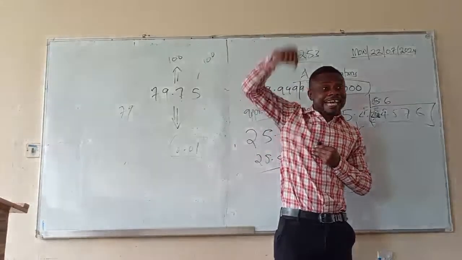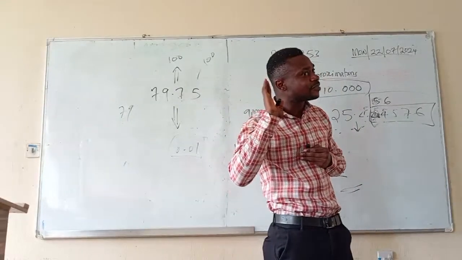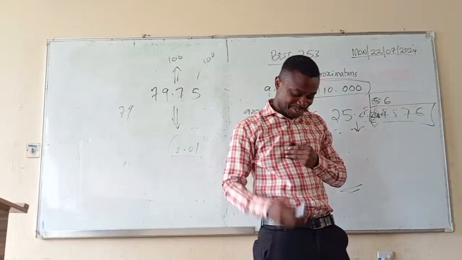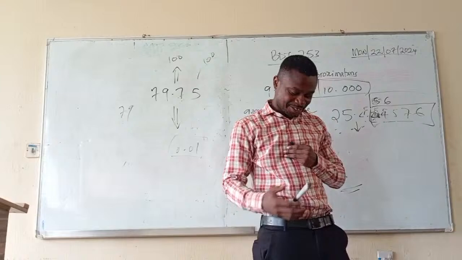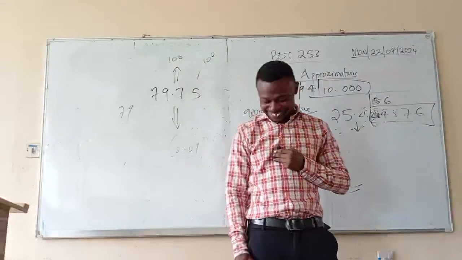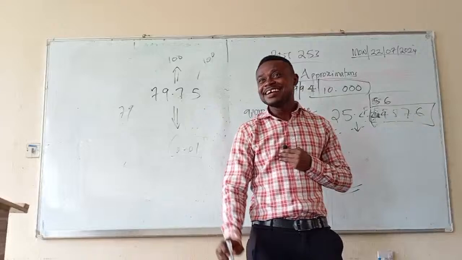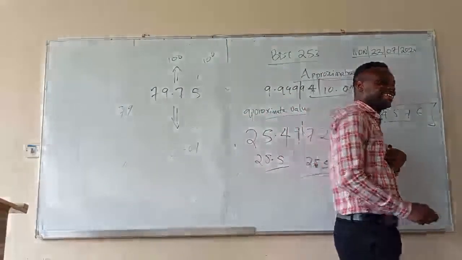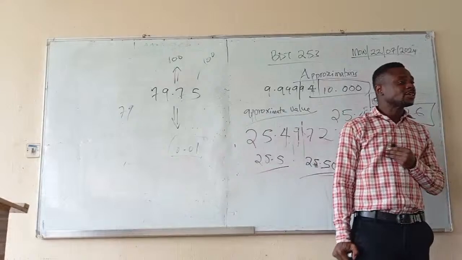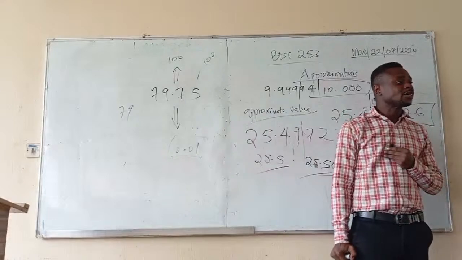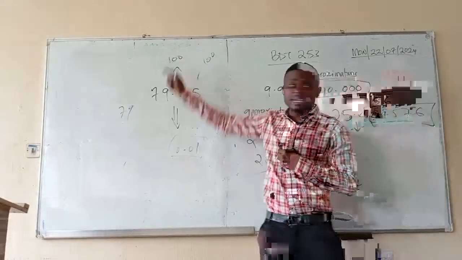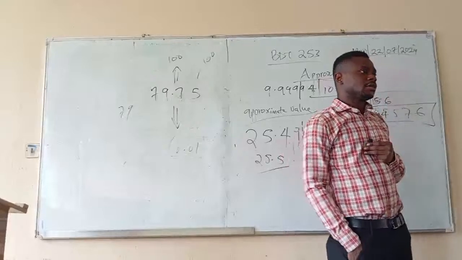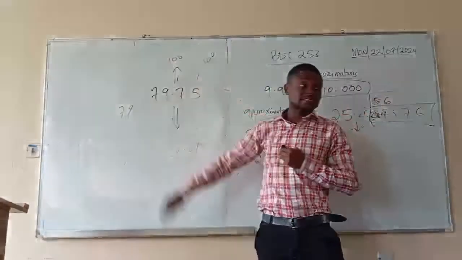Nearest thousandth, 79.750. Good. Look at it now. 100 now. Nearest 100 is 100. Leave it at that.